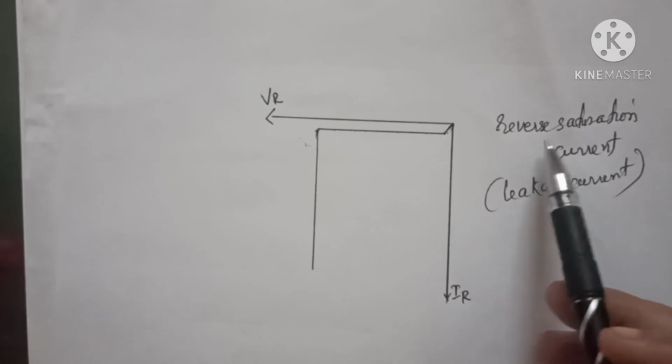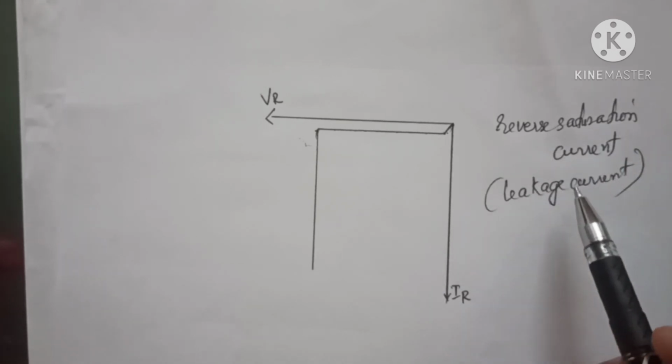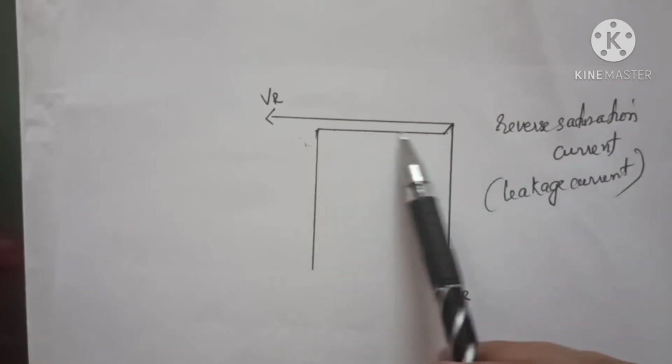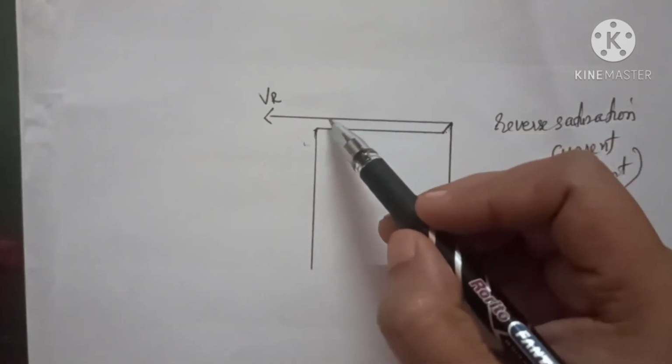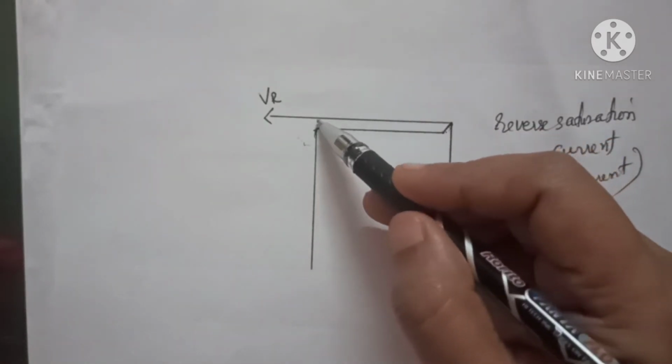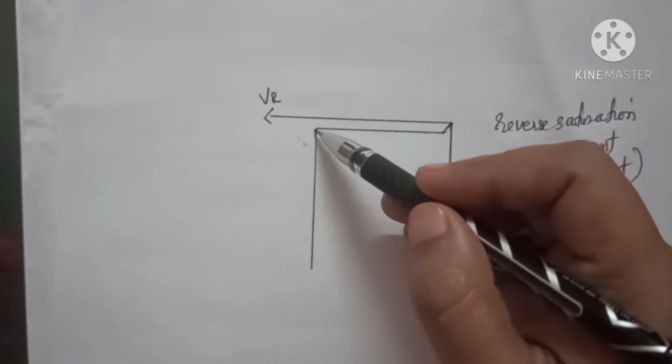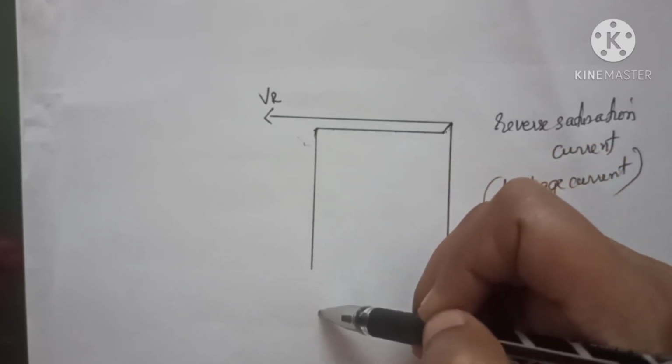So this reverse saturation current or leakage current is due to a few minority charge carriers produced by thermal agitation. This can also be called intrinsic current. Just keep it in mind, intrinsic current. Clear?